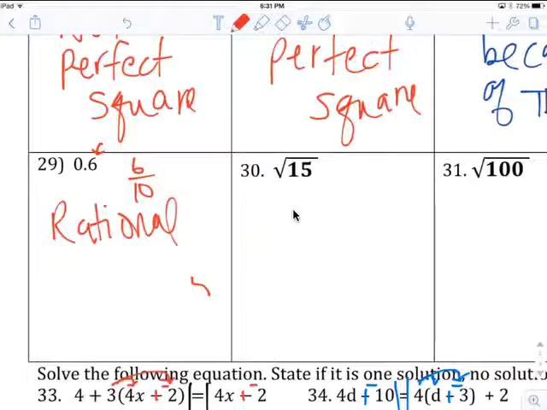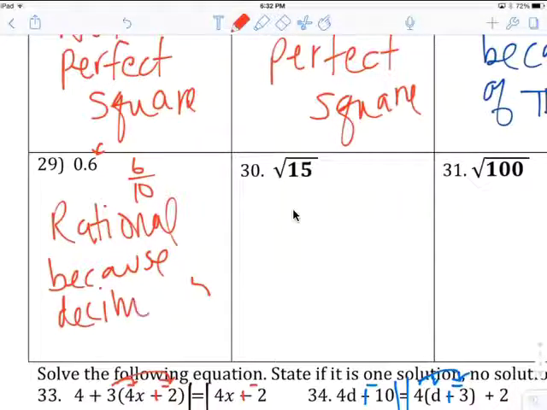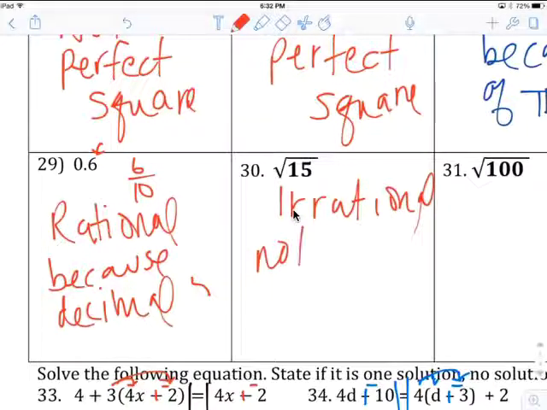So rational, because it's a decimal. Okay, and this is irrational, not a perfect square.